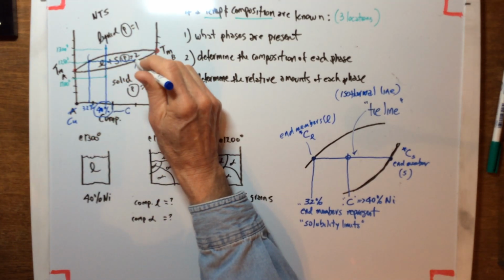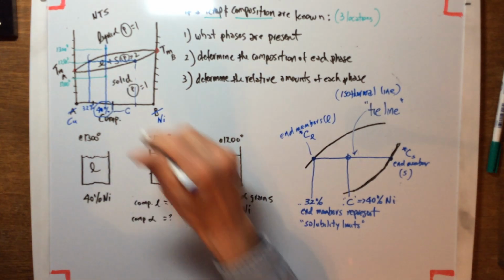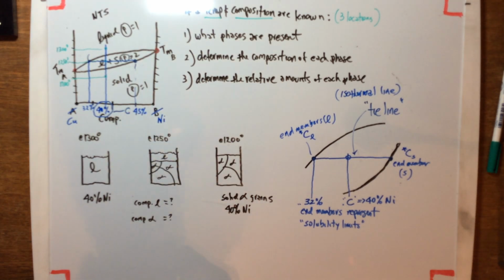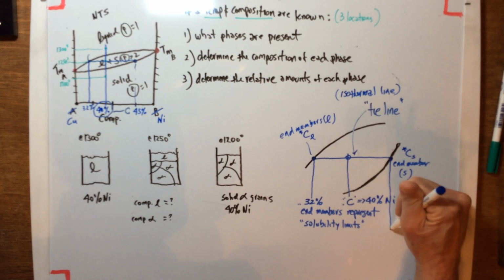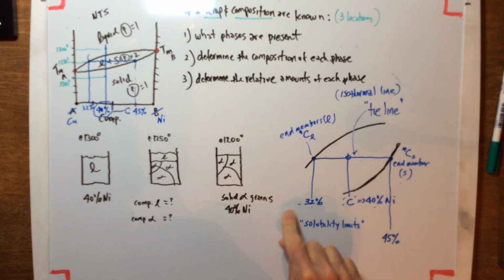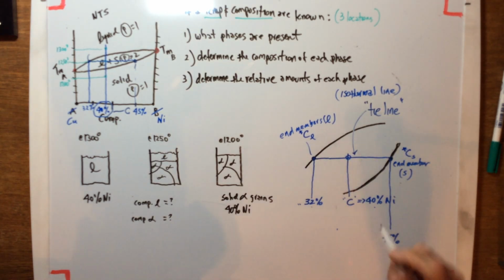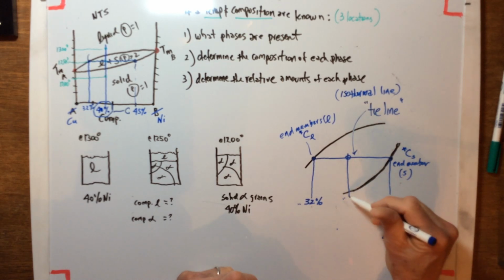Now where the tie line intersects the solidus line, come down here, and we're just going to arbitrarily call that 45%. And so this would be dropped all the way down, and this is going to be messy, but anyway, this is going to be at 45%. All right, so let me get rid of this so we can show it better.